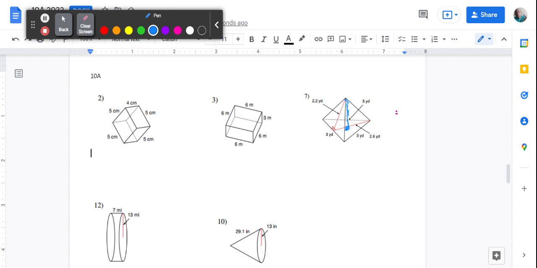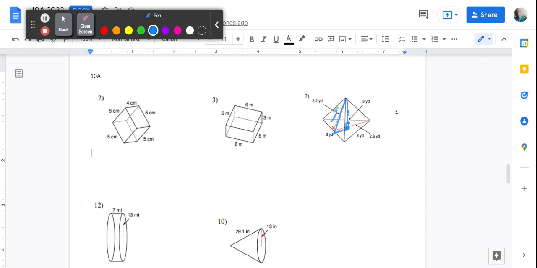That height is not the same thing as a slant height. What it does though is the height and the slant height make a little right triangle right there. In case they don't give us a slant height, which they may not in later problems, especially on some of these pre-AP problems on the bottom, if they just give us the height, then we can work to find a slant height.